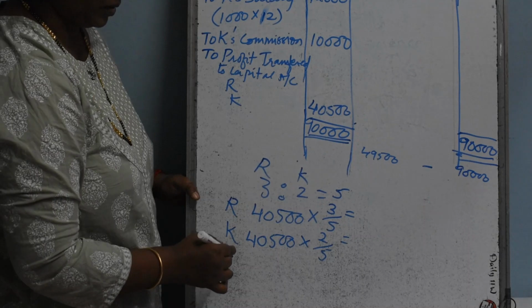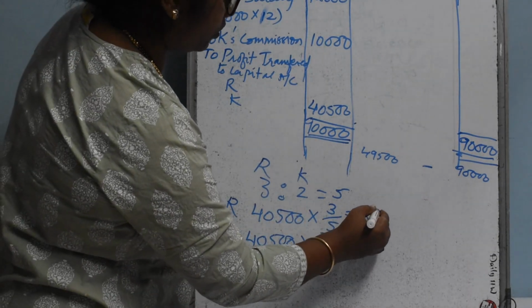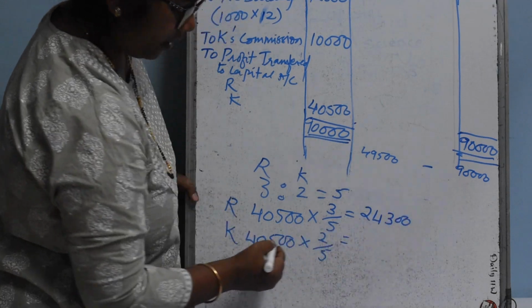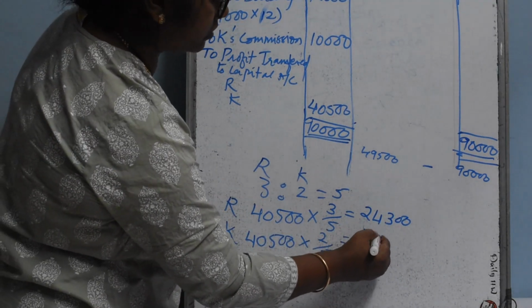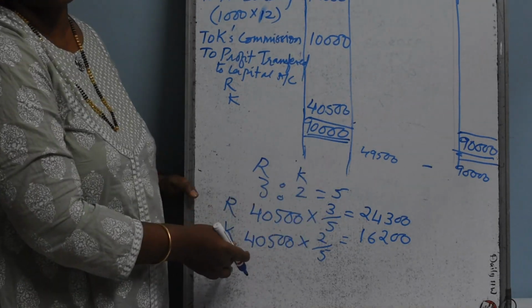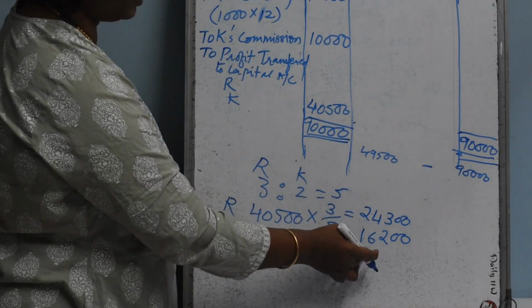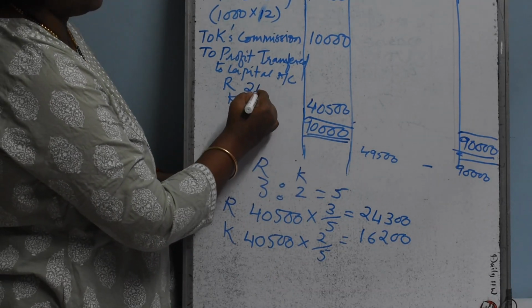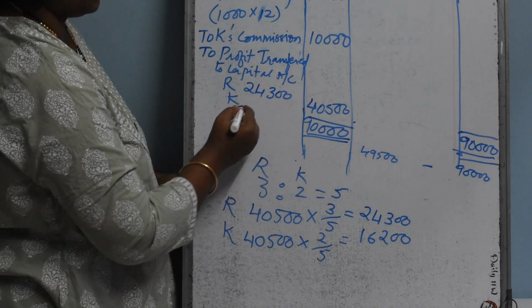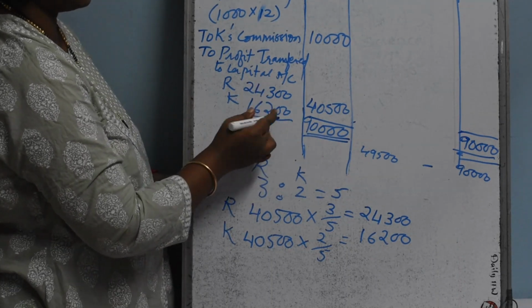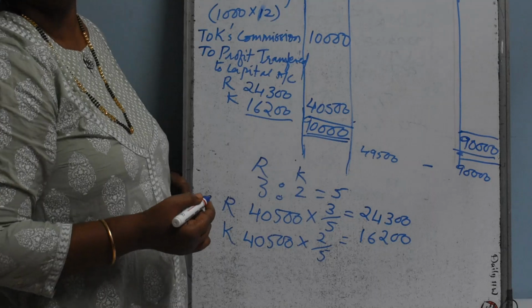It comes to 24,300 and 16,200. After you calculate on your calculator, you will find this answer. This answer you have to write in the inner column. 24,300 and 16,200. If you total both these amounts, it will come to 40,500.